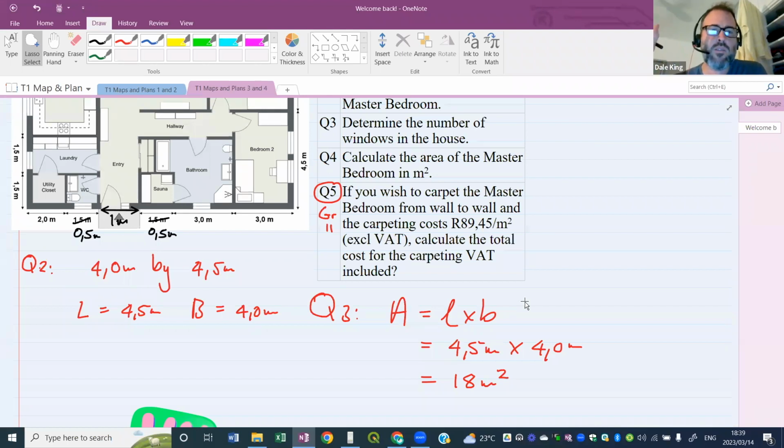No one sells carpeting or tiles per centimeter squared, but for some reason, Teacher Dell's being fussy and he needs the answer in centimeters squared. Okay, so this is centimeters squared. Be careful with this. How on earth are we going to change this into centimeters squared? Be careful. I need centimeters squared.